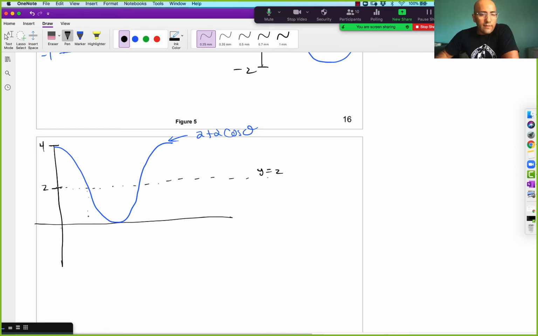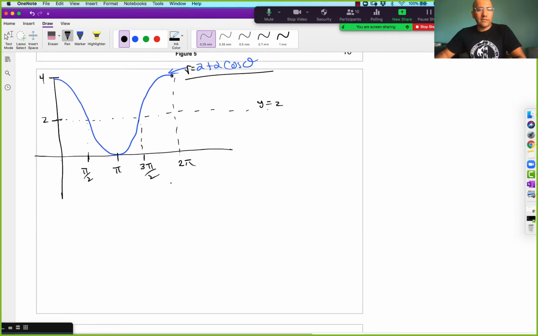Good. And then this right here is pi over 2, here is pi, this guy over here is 3 pi over 2, and then over here we have 2 pi. Okay, so there's our graph of r equals 2 plus 2 cosine of theta. Good.